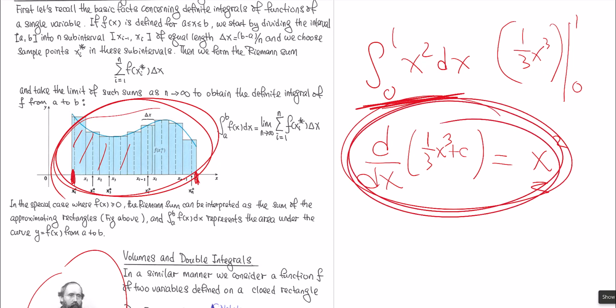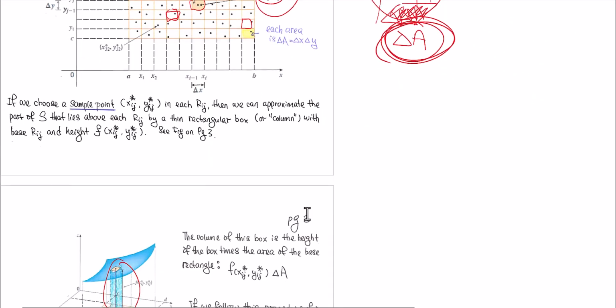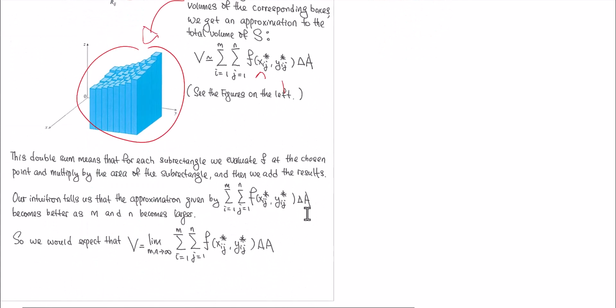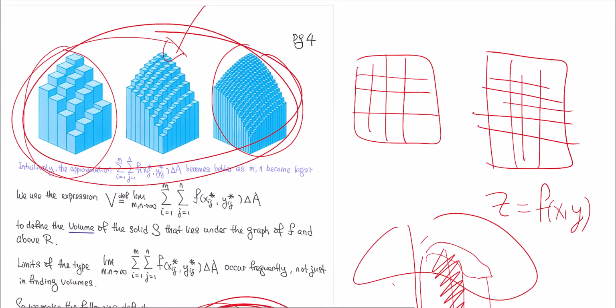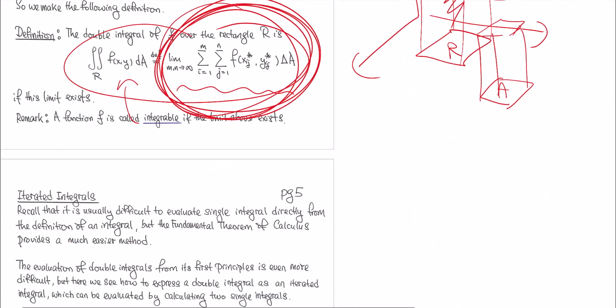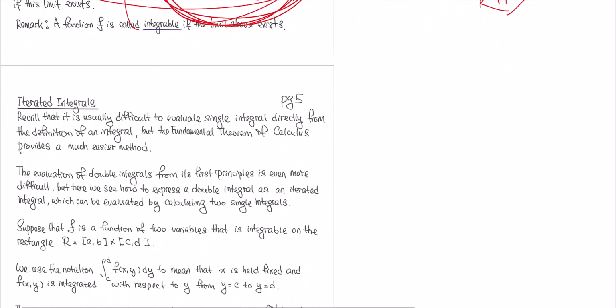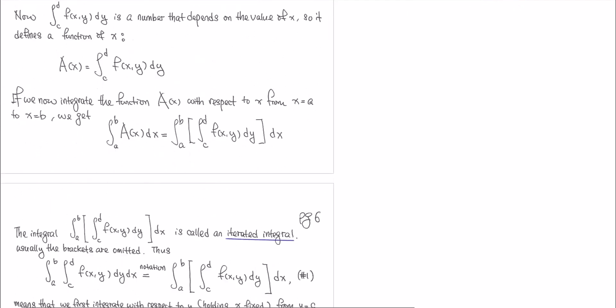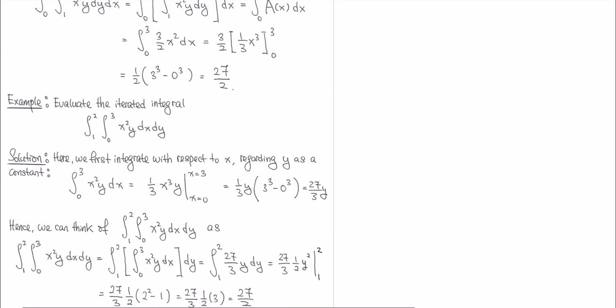Same thing here. We are not going to compute the volume by going through all these approximations every single time. We can't do that, it's very difficult. So we have a way out, called the iterated integral. Everybody knows about Newton's idea, but this one is also very important.